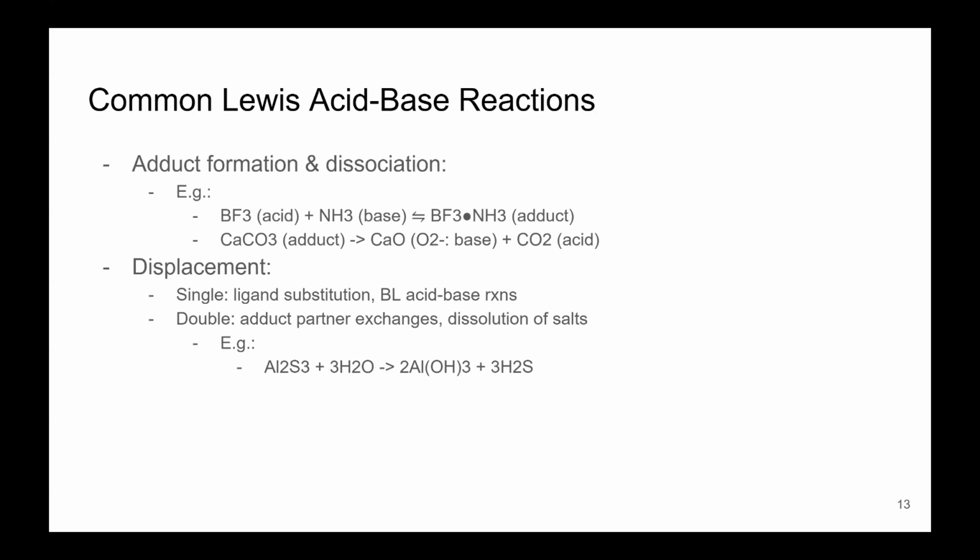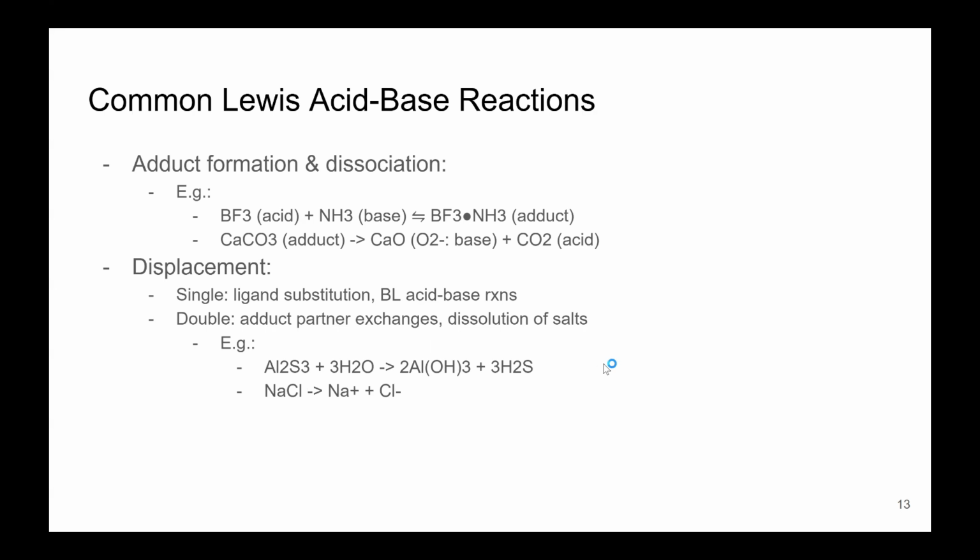So H plus, instead of being paired with OH minus, the OH minus goes to the Al and kicks out the S. So the S will then partner with the H plus, and so that's considered a displacement reaction because here we can view the OH minus as donating its lone pair to Al3 plus, and we can view the S2 minus as donating its lone pair to H plus, and that's an acid-base reaction under the Lewis definition.